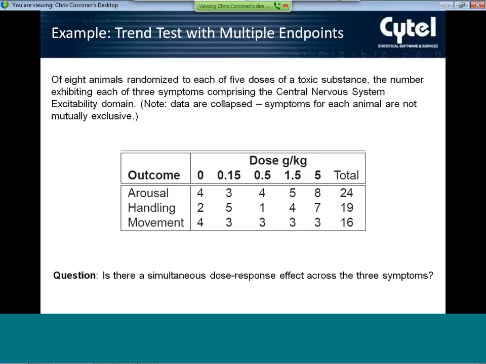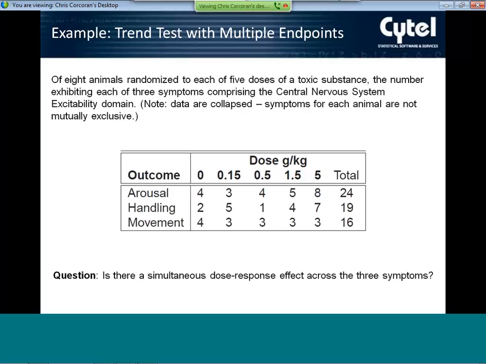And there were 8 animals per dose. So this first column is telling you that across these 3 symptoms, there were 4 animals out of 8 experiencing the first, 2 experiencing the second, and 4 experiencing the third. And some of them may have been the same animals, but all I'm doing is collapsing here just for the sake of convenience. But the question is, is there a trend across all 3 symptoms?